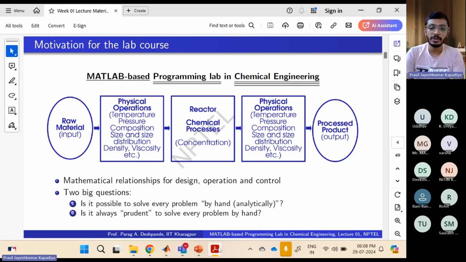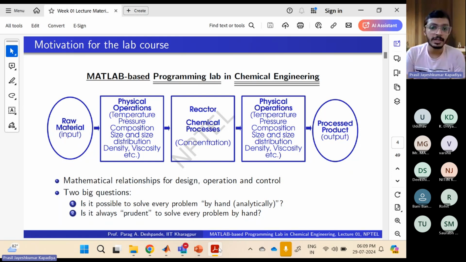This is the first diagram that you are familiar with, that says you have your raw material as input, then you do some physical operations that change its temperature, pressure, composition, or size. You have granules and you want to change them into powder. So those kinds of physical operations you do. Then when the input is ready, you send it to the reactor where your reaction occurs. So after reaction, what happens?